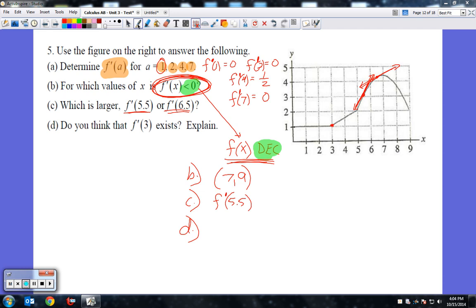So the derivative at 3, knowing from what we have learned as far as functions go, when it's differentiable, we know 3 different times when it's not differentiable. At a cusp, at a vertical tangent, and at a discontinuity of some kind.